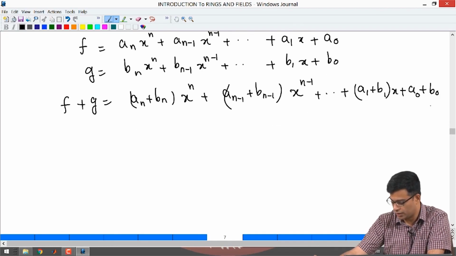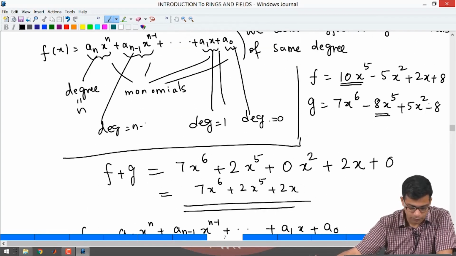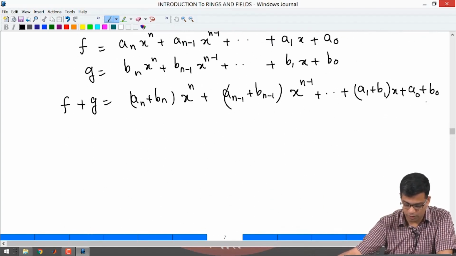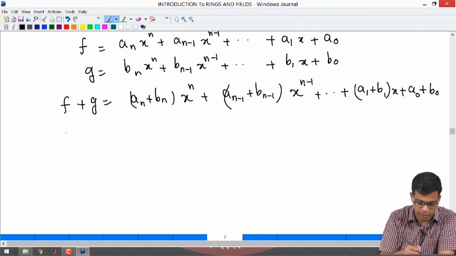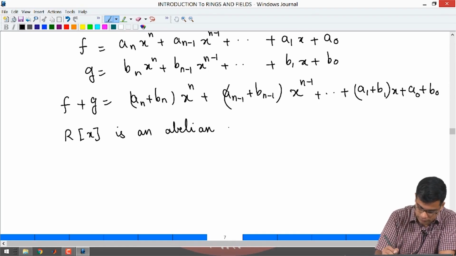Okay. So, this is a very natural way to add polynomials. So, this is the addition, and I will simply assert here that under addition R[x] is an abelian group under addition.